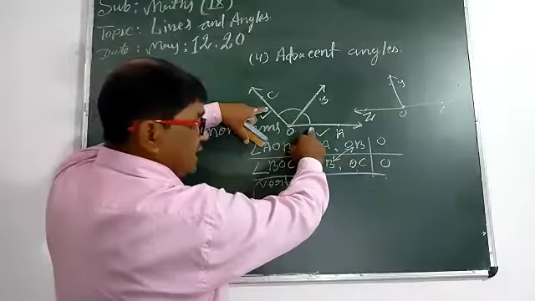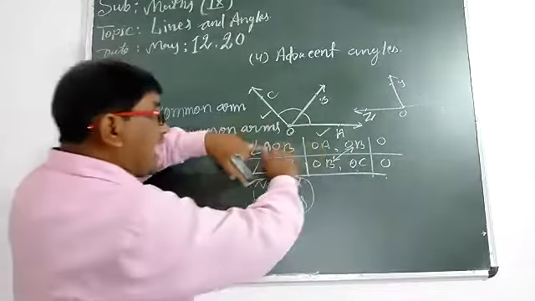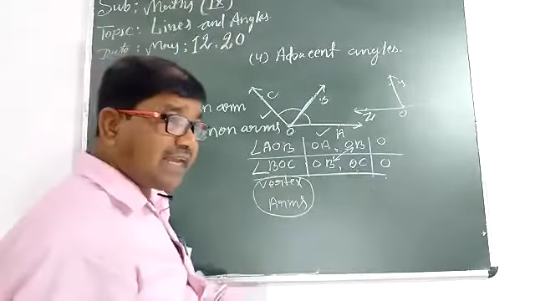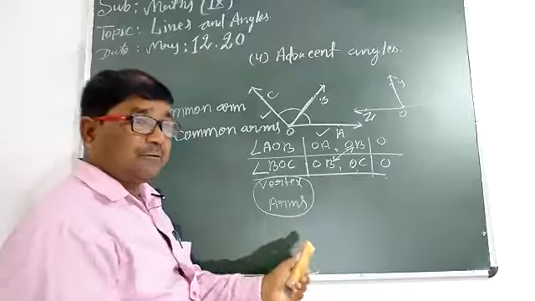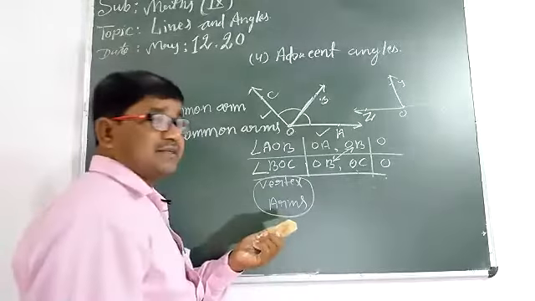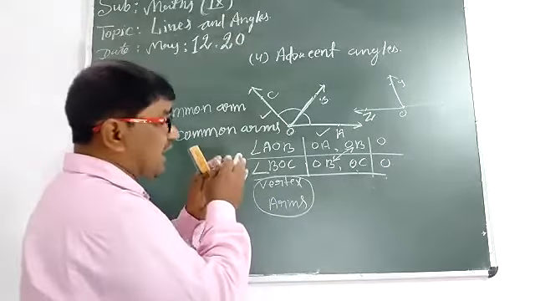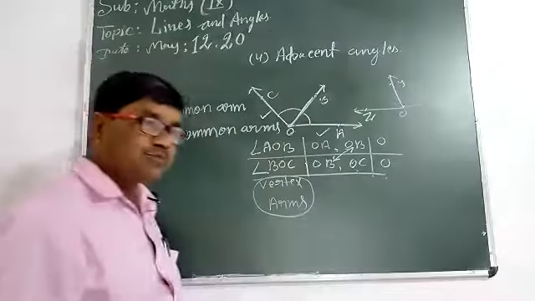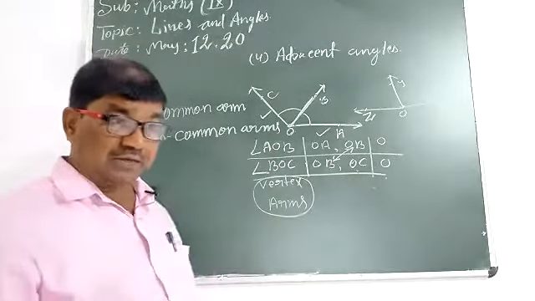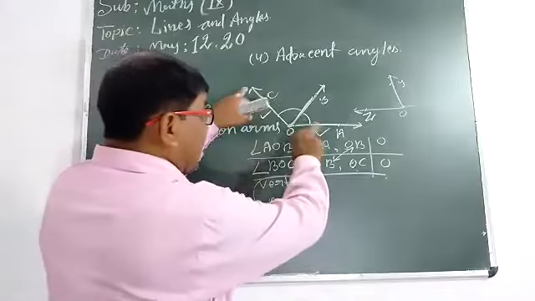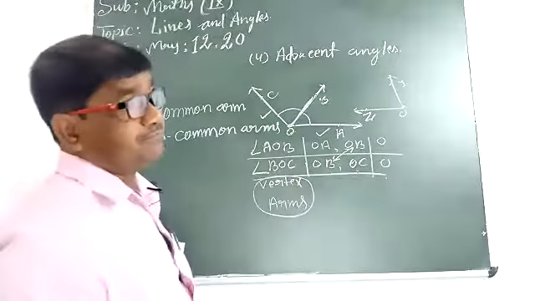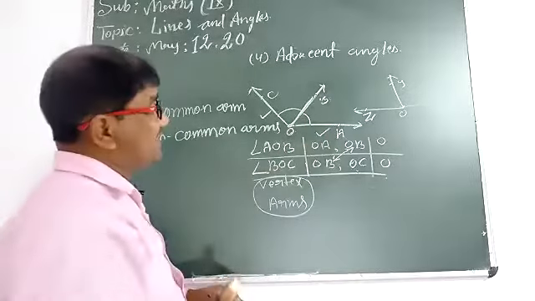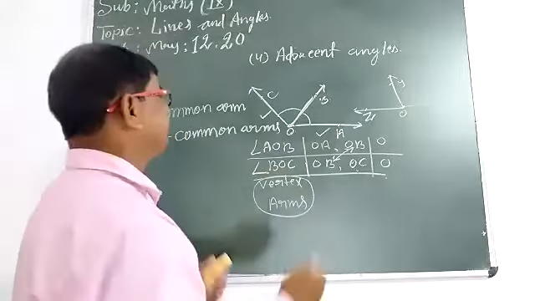OA and OC are on either side of the common arm. One is right, another is left. If one is left, then another is right. Common is common, but non-common arms are on either side of the common arm.